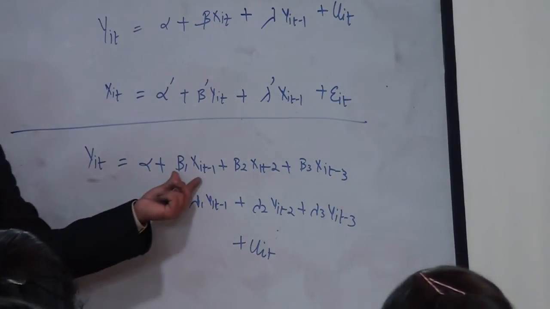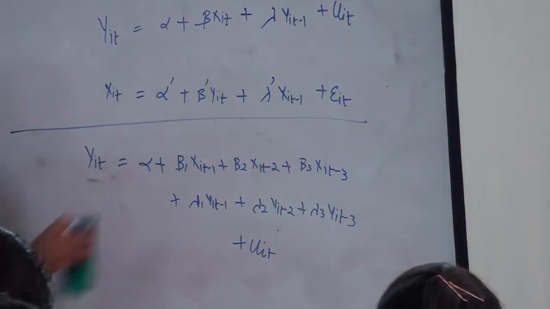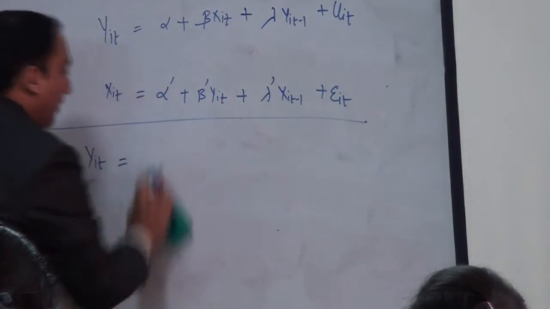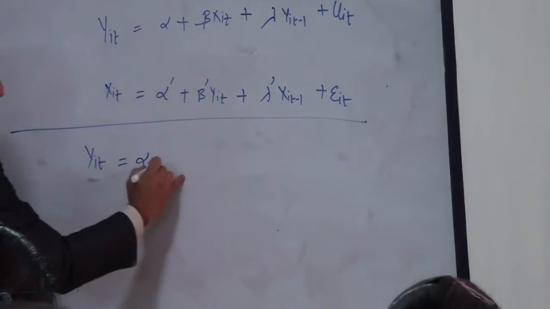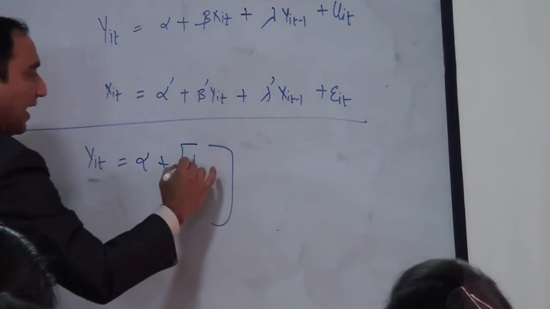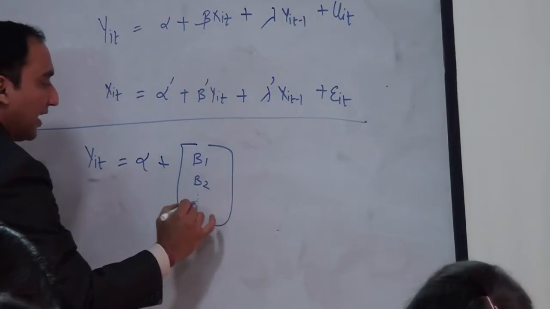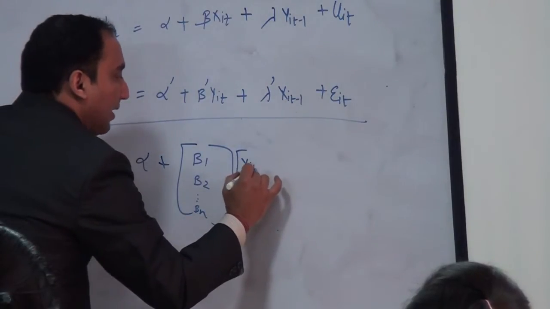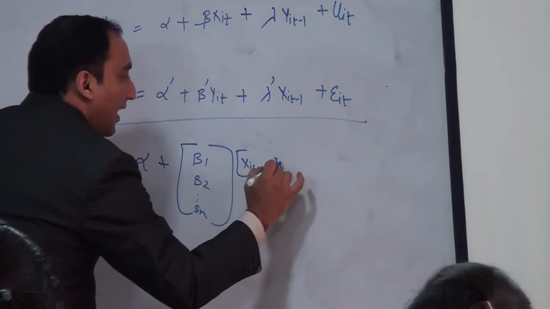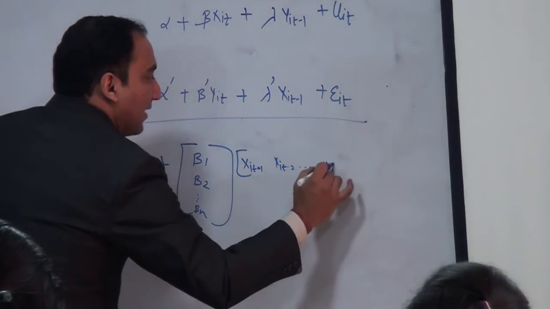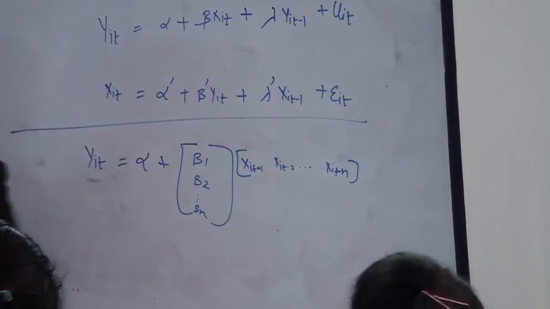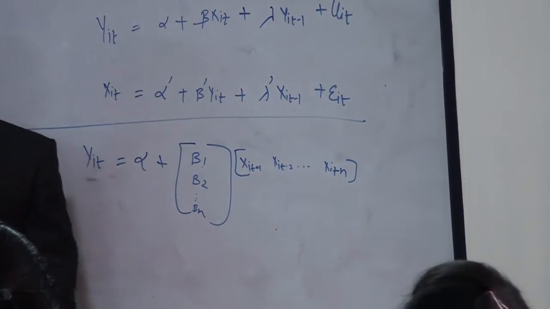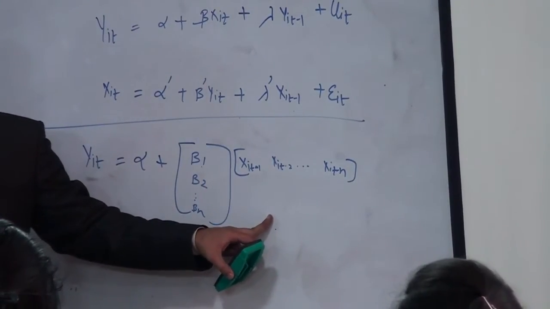So rather than beta_1, beta_2, beta_3, I will write it all in vector form. So alpha plus, you can write beta_1, beta_2, beta_n, and here x_it-1, x_it-2, x_it-n. So the product will be this into this plus this into this. This is written in vector form.